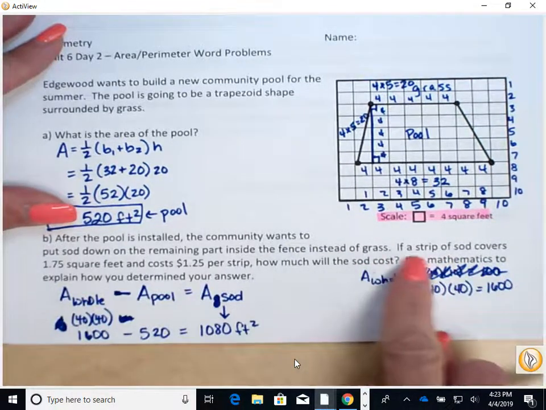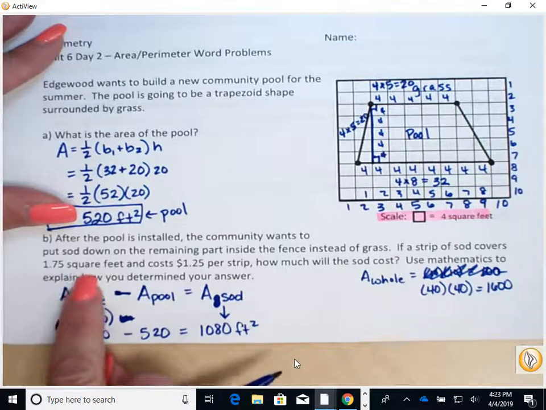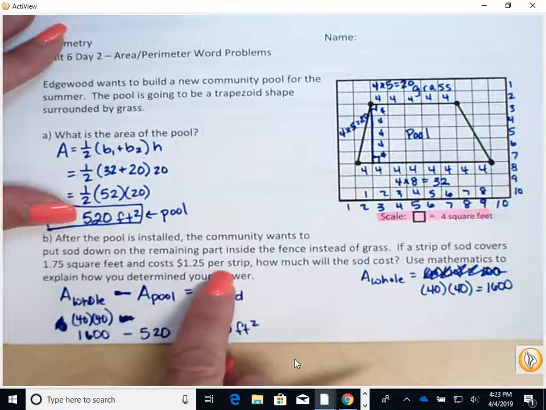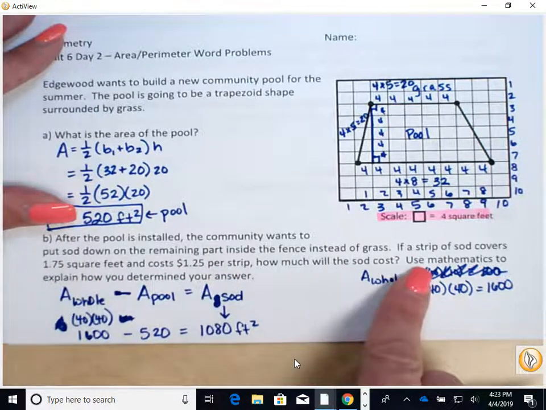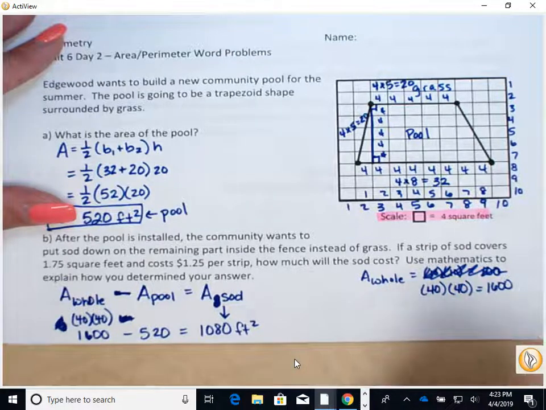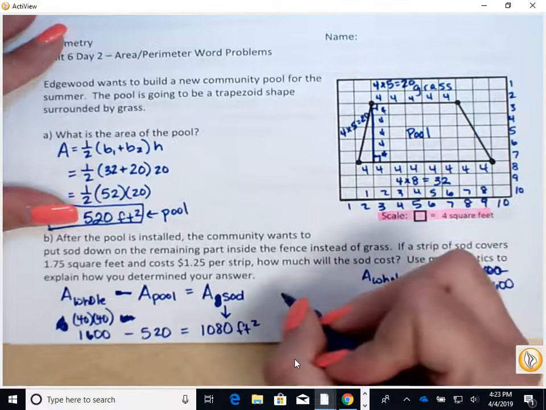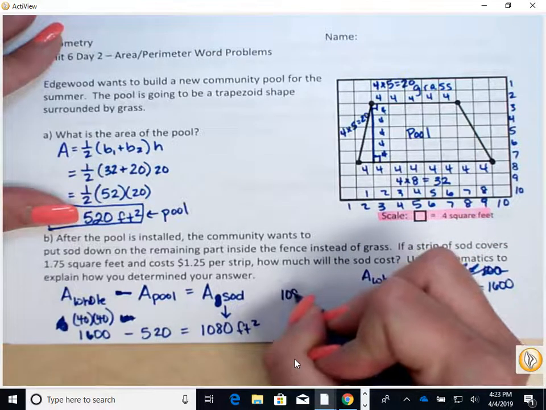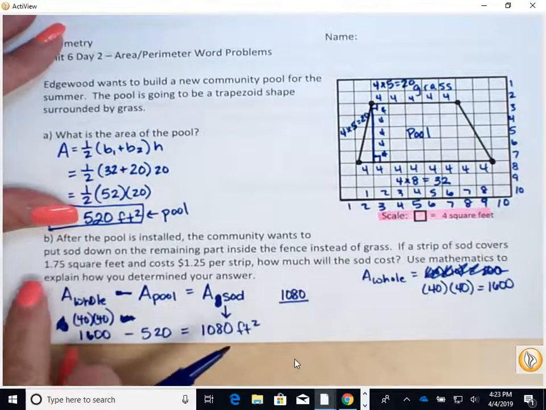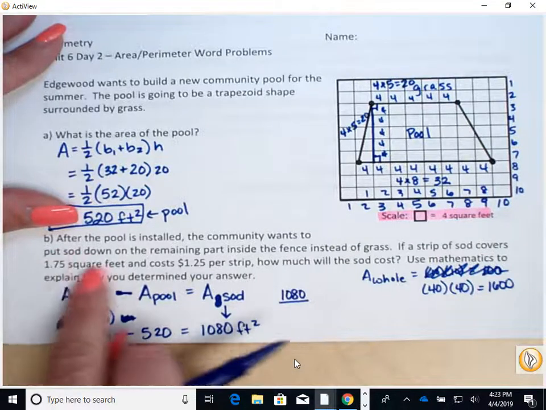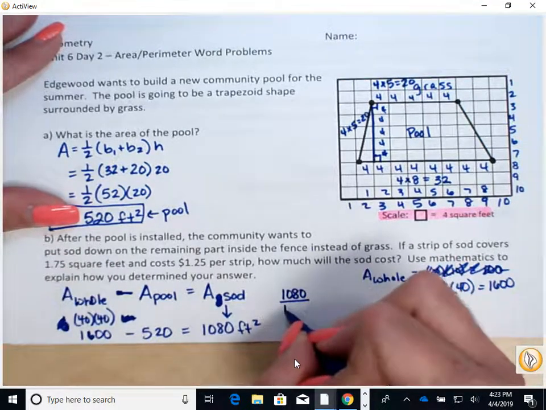Now it says if a strip of sod covers 1.75 square feet and costs $1.25 per strip, how much will the sod cost? So we take the area that we need sodded, divided by how much one piece of sod covers, so that's 1.75.